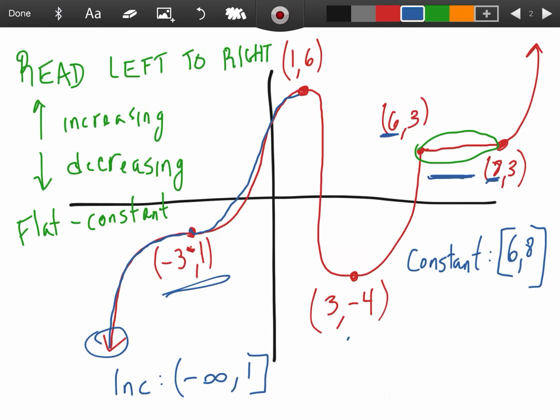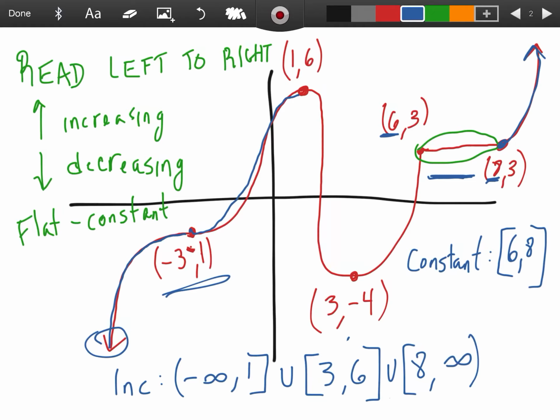Then I increase again. Remember interval notation, so I use my union sign. I'm increasing from x equals 3 to x equals 6. And then I'm increasing again from x equals 8 all the way for the rest of the graph, until x equals infinity. So I'm increasing from 8 to infinity. That's my increasing intervals there.